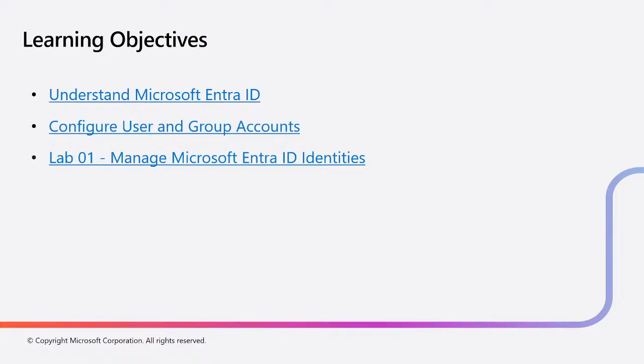Now, we've been able to at least have a small understanding of this, but this particular course will enlighten us more. So the learning objectives: we are going to be looking at Microsoft Entra ID. We're also going to look at how to configure users and group accounts. Then we'll wrap it up with Lab 01, which is manage Microsoft Entra ID identities.